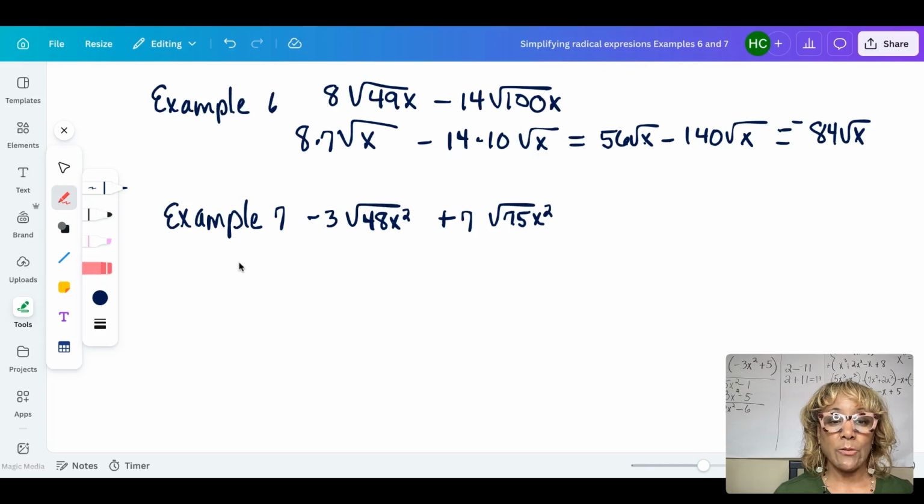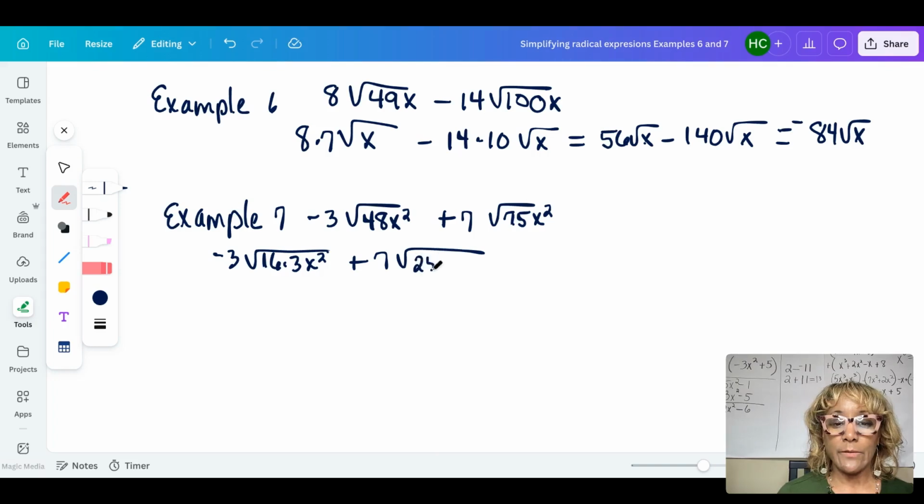So let's go here, and we know that 48 does have a perfect square root, and that's going to be 16. So we have 16 times 3 x squared plus 7. Now 75 has a perfect square root. It's 25 times 3 x squared.